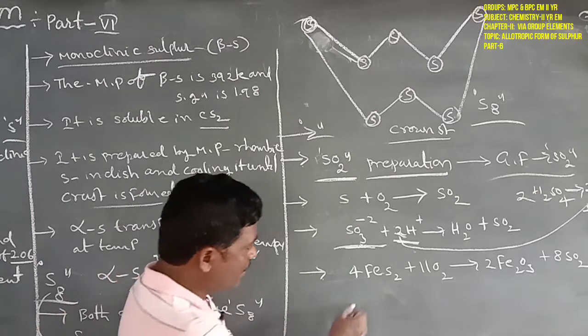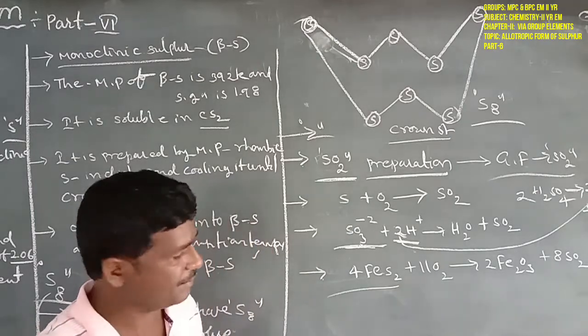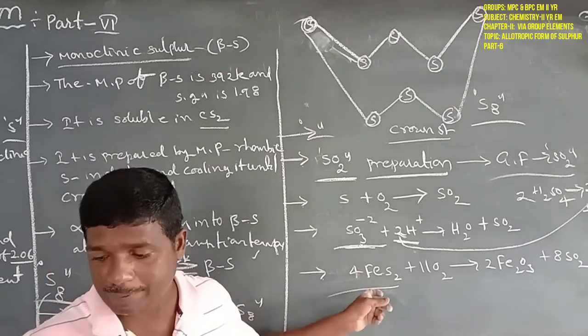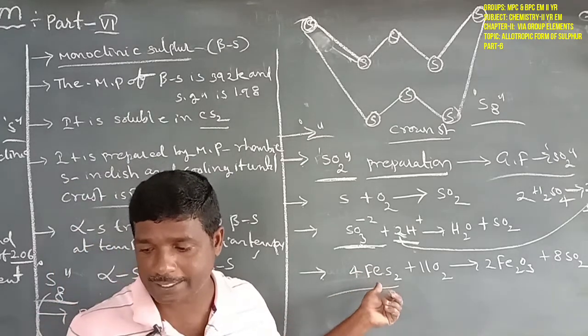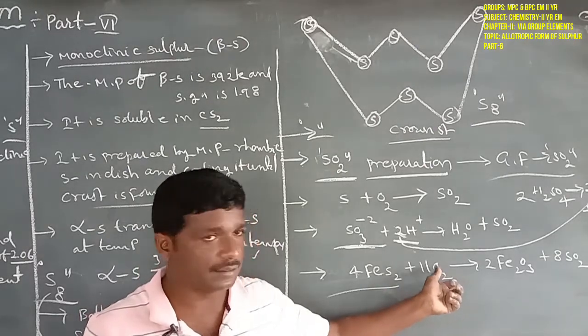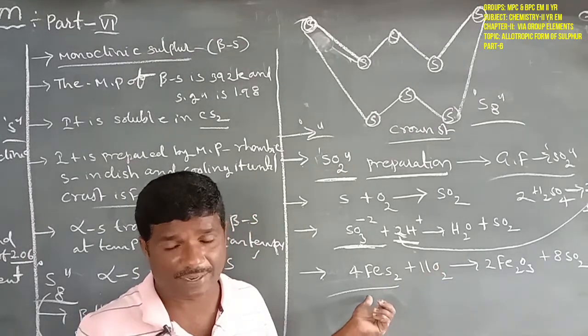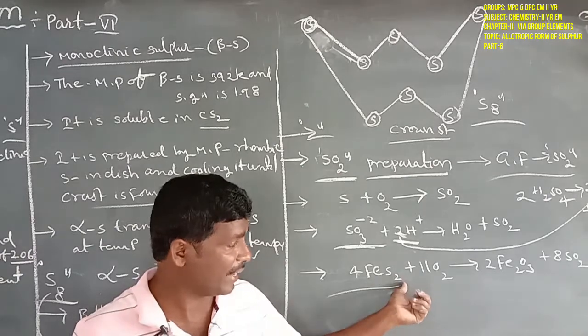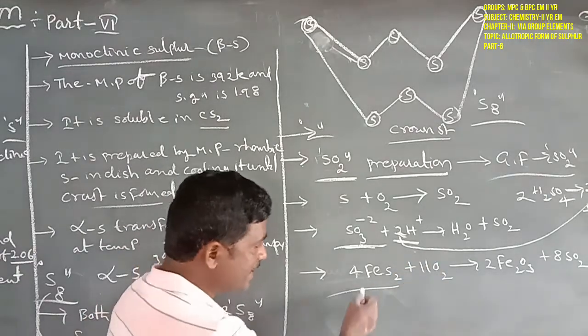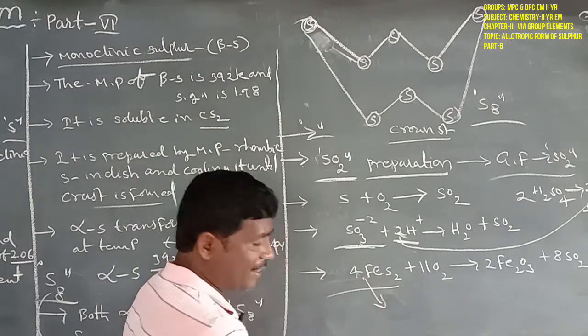Next, the third one, for industrial purposes. It can be produced by the roasting of iron sulfide, or burning with oxygen. Iron sulfide is a mineral of iron.